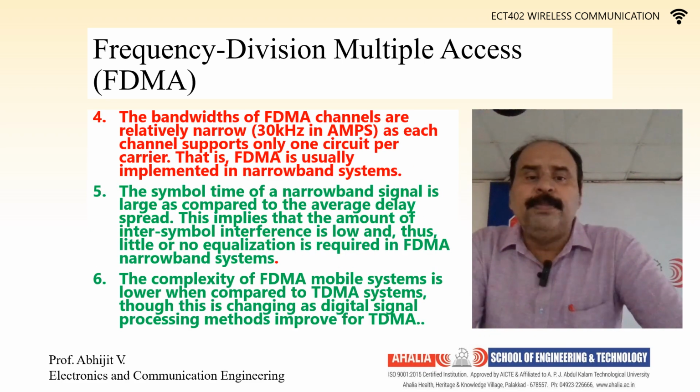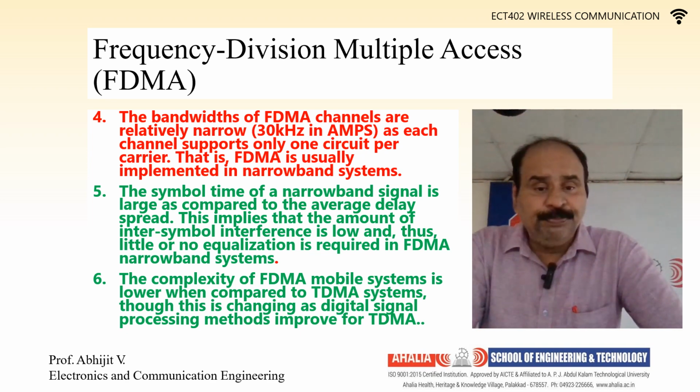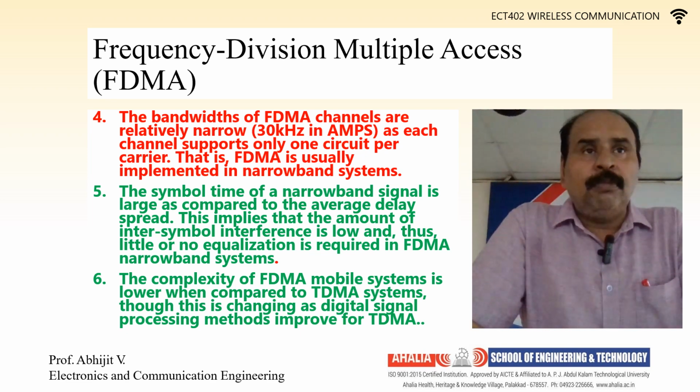The bandwidth of FDMA channels is relatively narrow. We are using a narrow band as each channel supports only one circuit per carrier. That is, FDMA is usually implemented in narrow band systems.